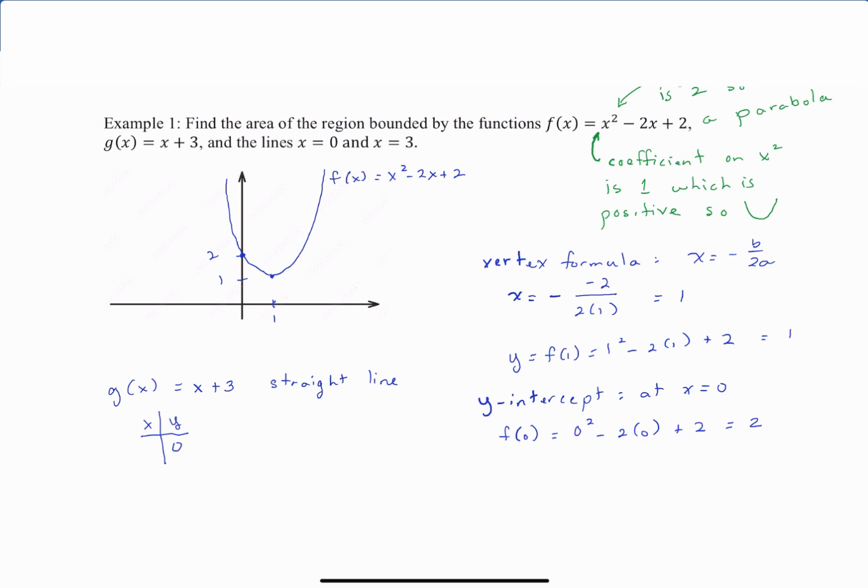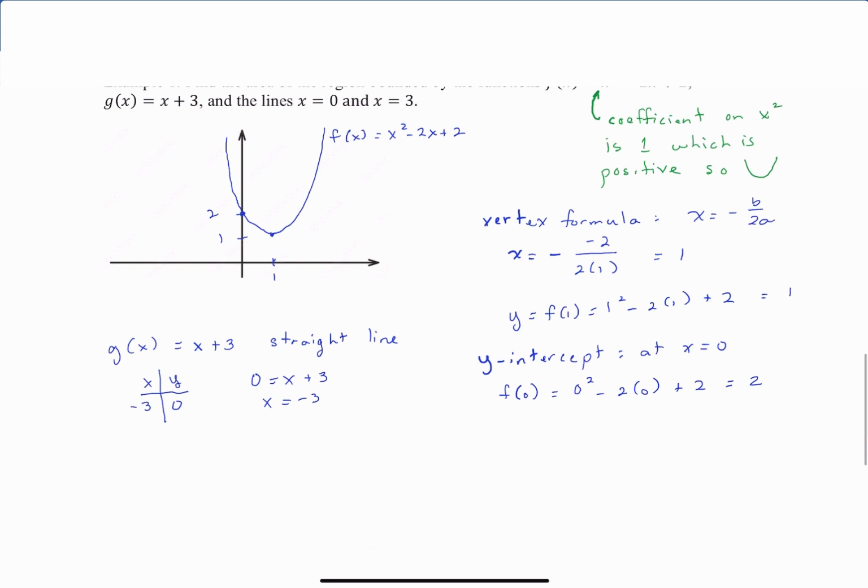So we'd have 0 equals x plus 3. So x would be negative 3. And for the y-intercept, x would be 0, and therefore y would have to be 3. So our line is going to go through the y-axis at 3 and through the x-axis at negative 3.